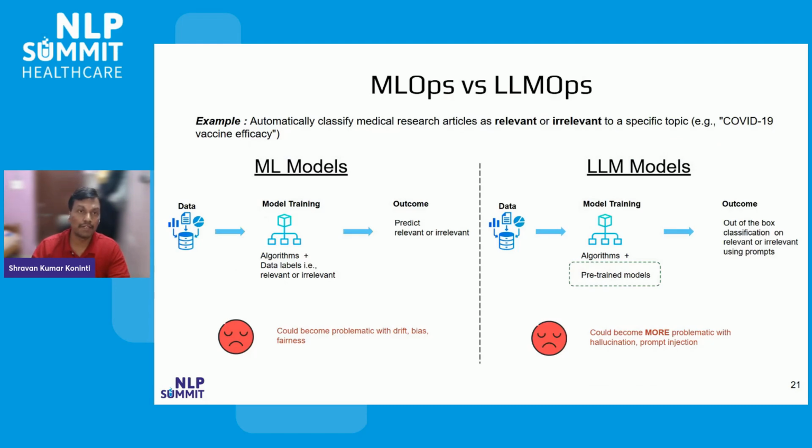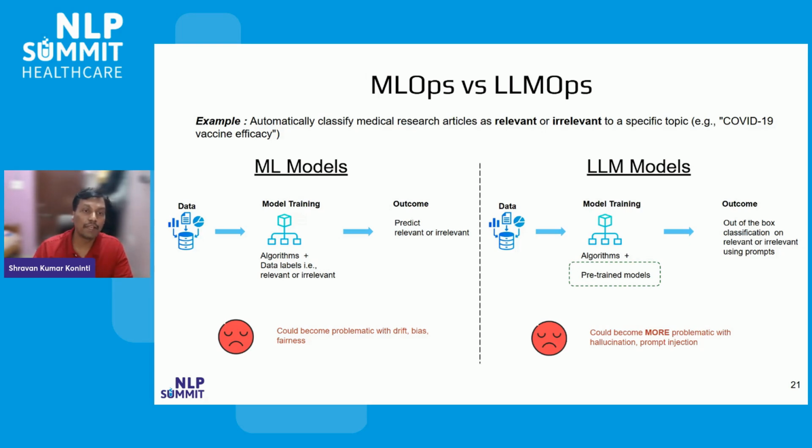For example, let's assume that we want to classify medical research articles as relevant or irrelevant, assuming that we are focusing on a specific topic like COVID-19 vaccine efficacy. Now, if you look at the ML models, how we prepare the outcome: we have the data ready and we do the model training. In this model training, we have certain algorithms that we select.